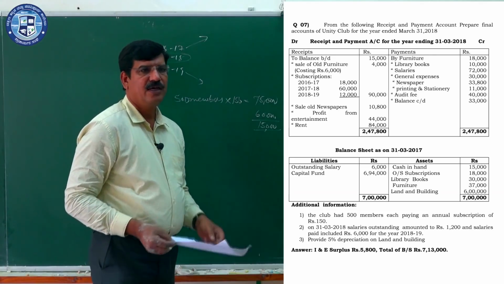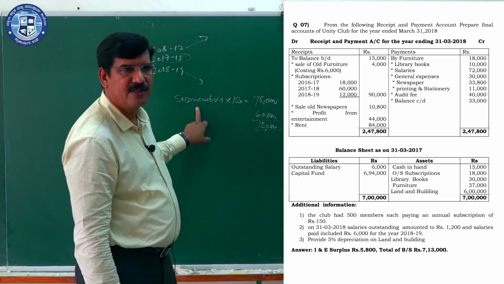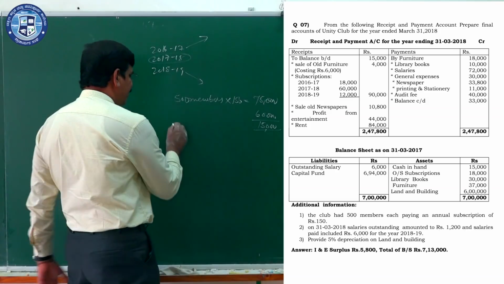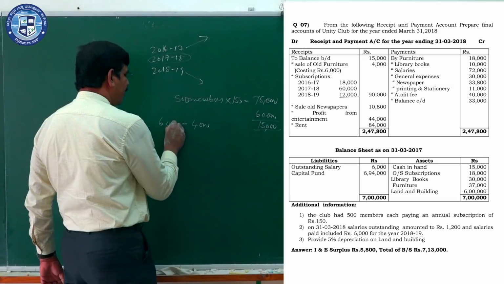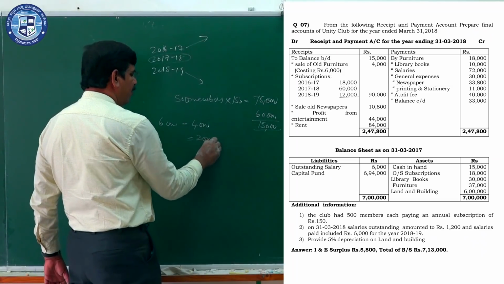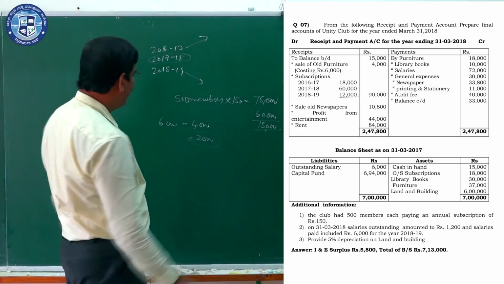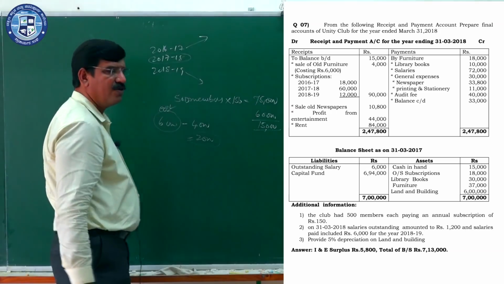So here the special adjustment is only relating to the calculation of total subscription. And of course the furniture is sold, the sales value of furniture is 4,000, the cost is 6,000. So 2,000 rupees loss is there, it has to be entered in the income and expenditure account, and this is the cost of furniture sold.